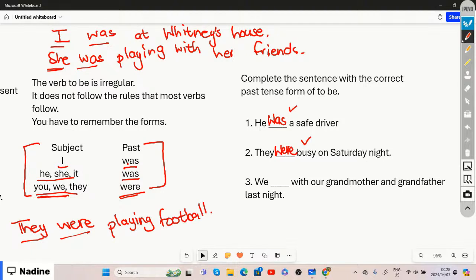Do we say we was, referring to more than one person?